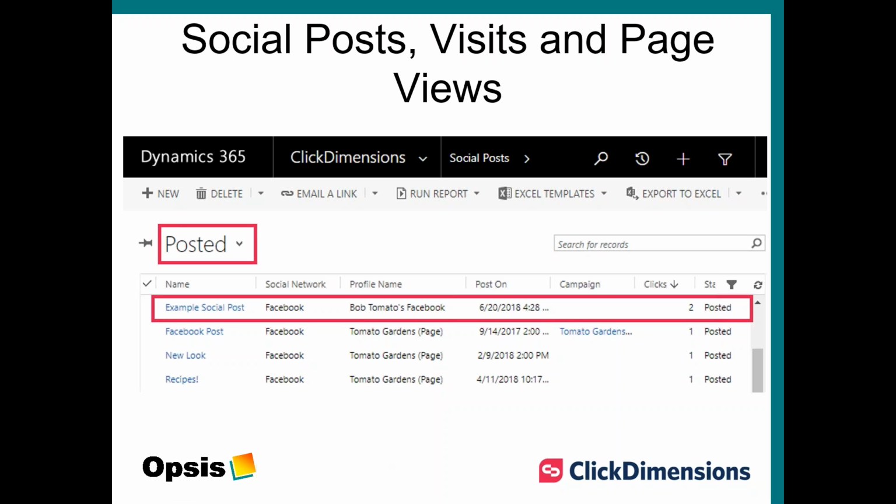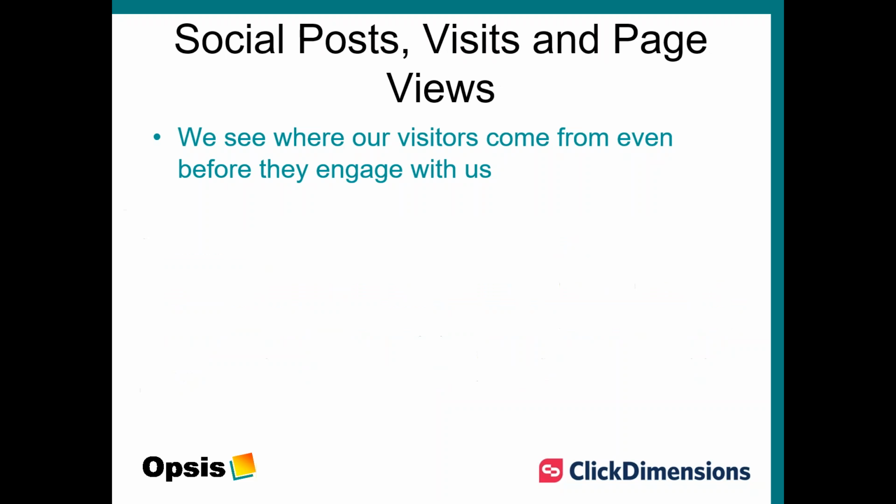When we start looking at visits, so who has come to our website or websites, whether they've been driven through social media or otherwise, we get, again, an awful lot of information. But one thing that we can see is geographically where those visitors have come from before they even engage with us.